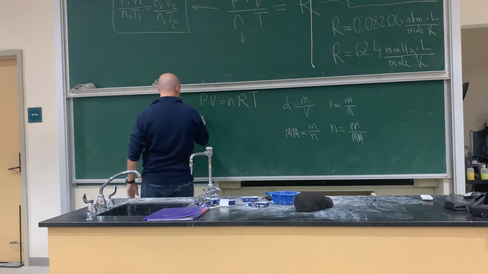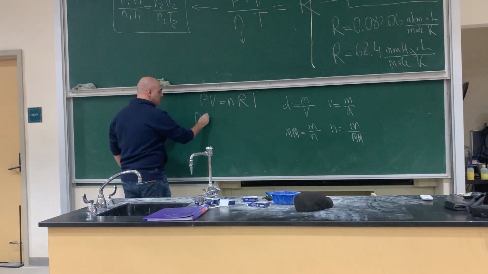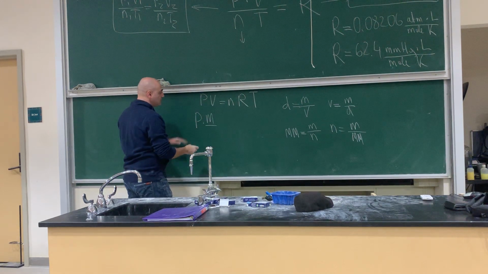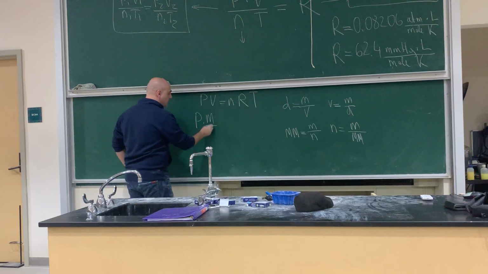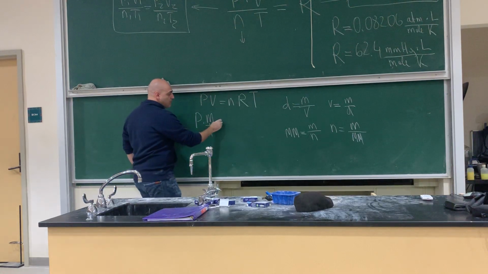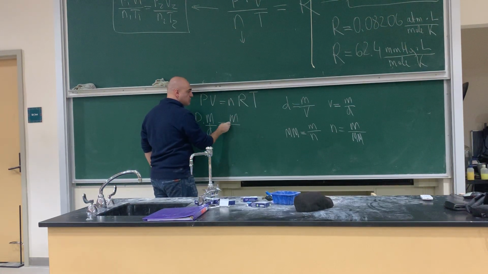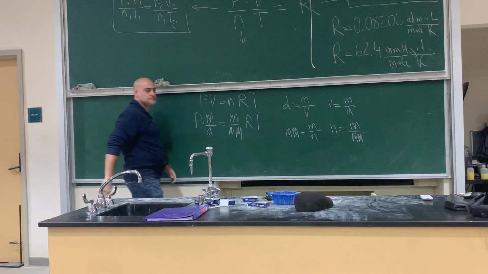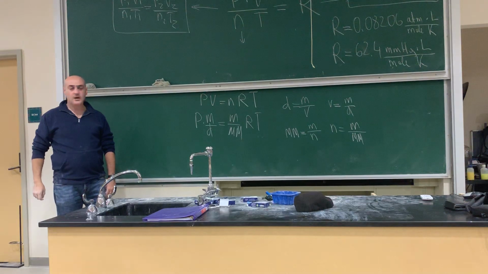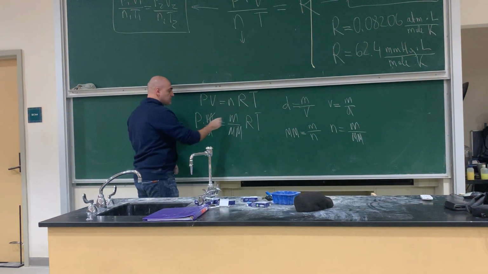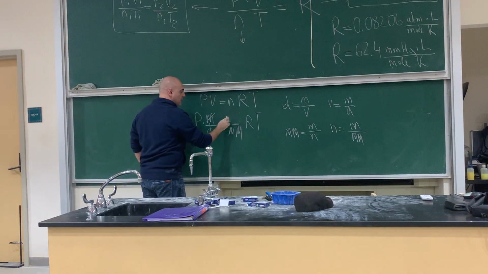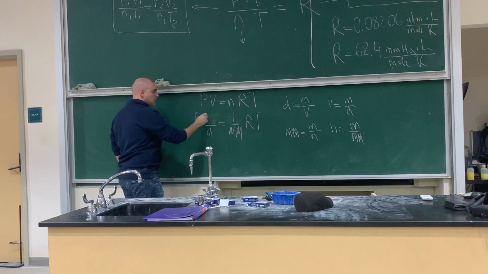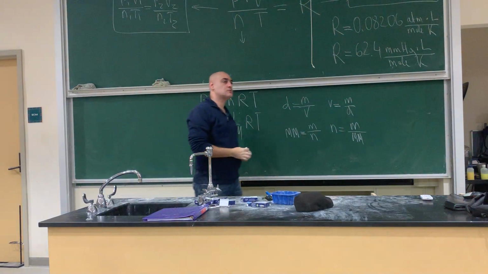So now it becomes pressure times, my volume is going to be M over density, and my moles, I could rewrite it as mass over molar mass times the RT. And in here, the masses cancel, and so we get a 1 here. Sorry for your notes.